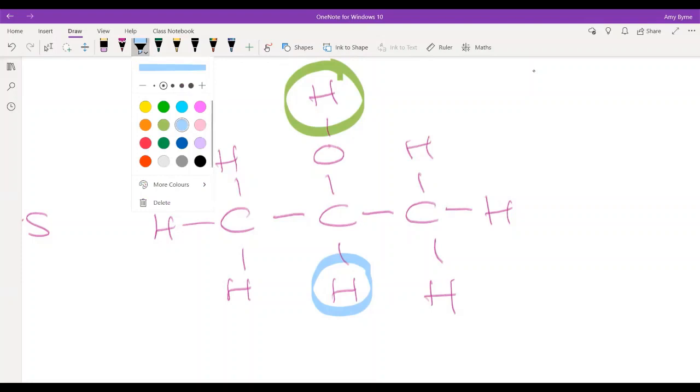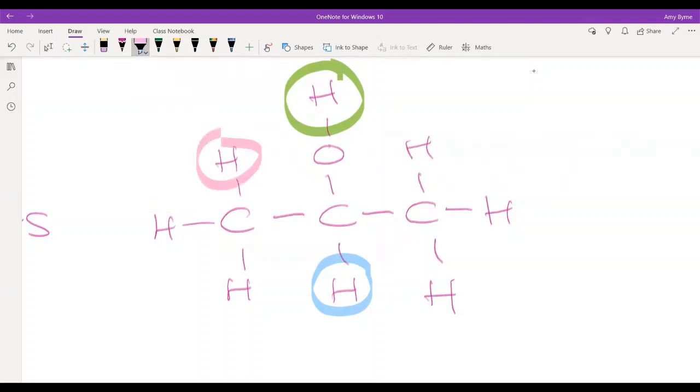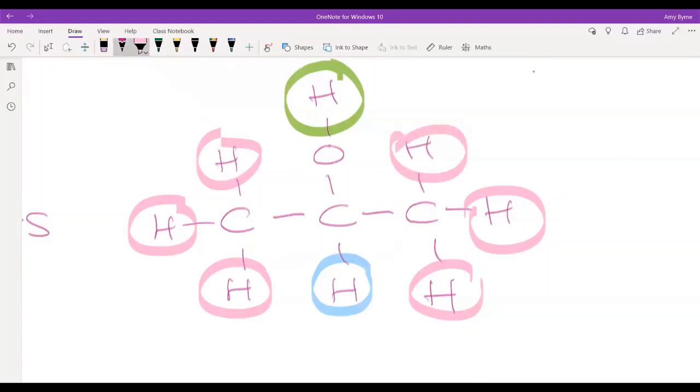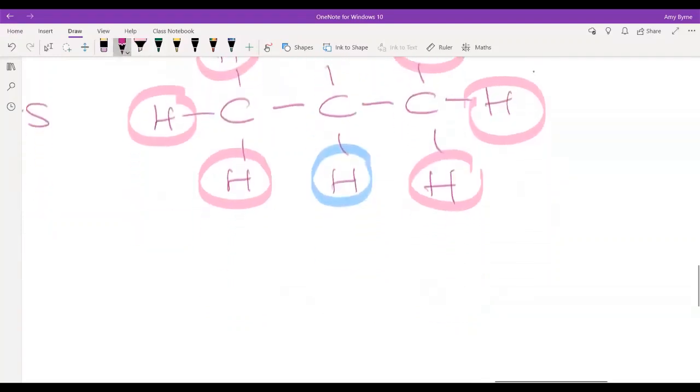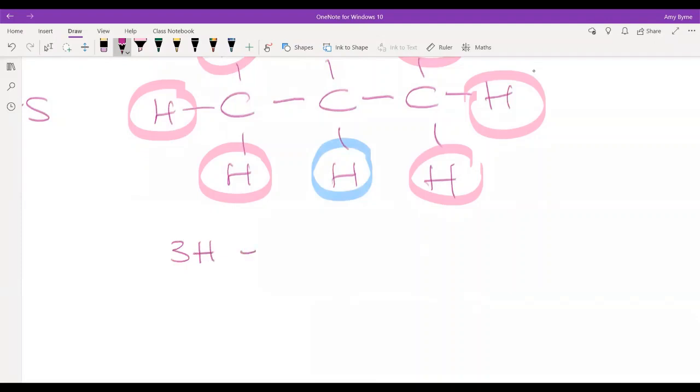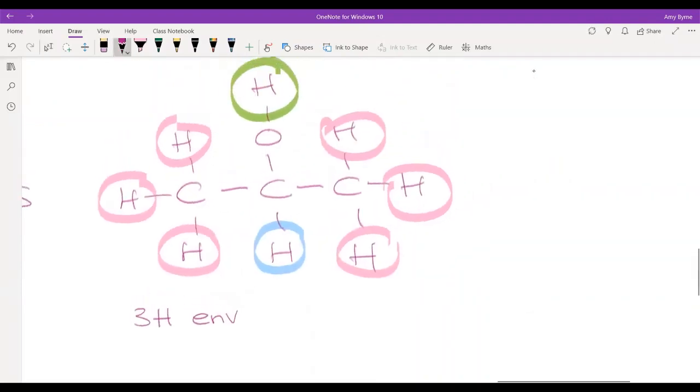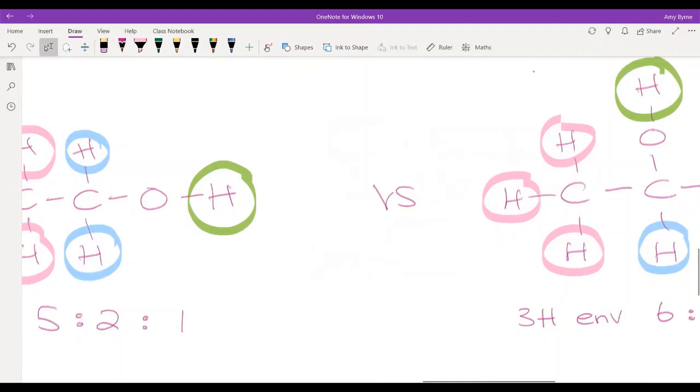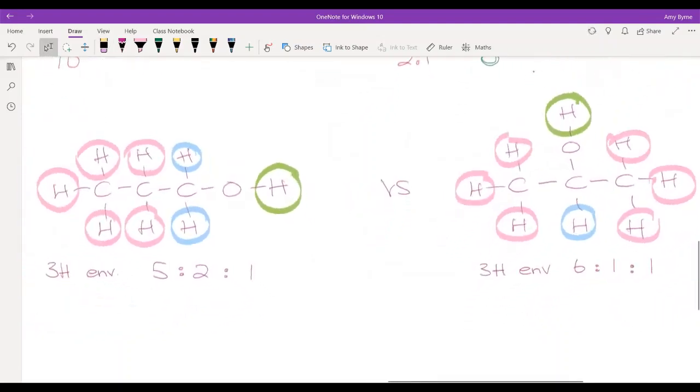And I then have hydrogen environment 3. So this is again 3 hydrogen environments. So again, I would see 3 peaks, but this time it would be 6:1:1, as opposed to 5:2:1.